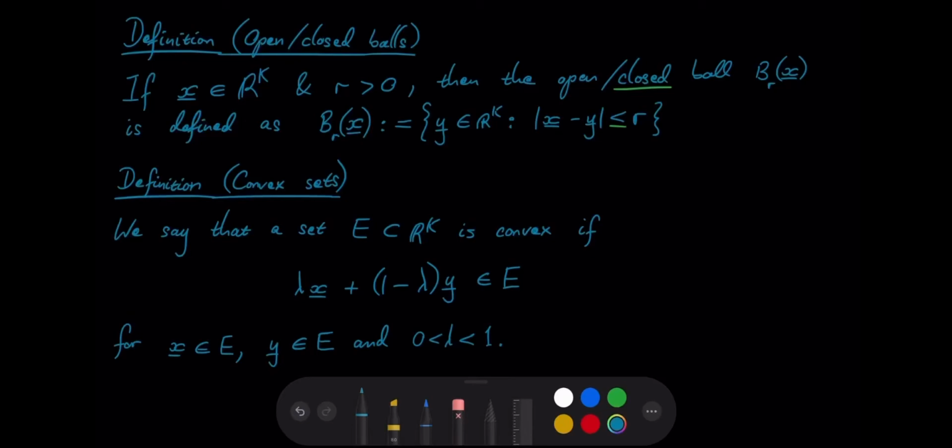Okay, so we now need to familiarize ourselves with two very important definitions in metric spaces. The first of these two is in regards to the notion of open and closed balls.